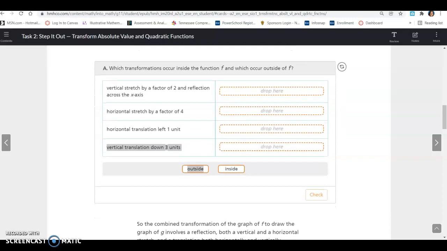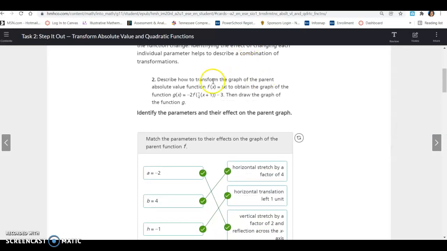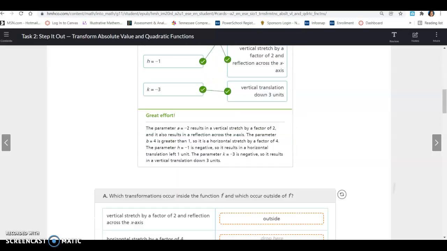All right, which transformations occur inside the function f and which occur outside of f? All right, -2 is outside. And you can look right here, if you don't remember, -2 and -3, this is a and k are outside, and then b and h are inside.